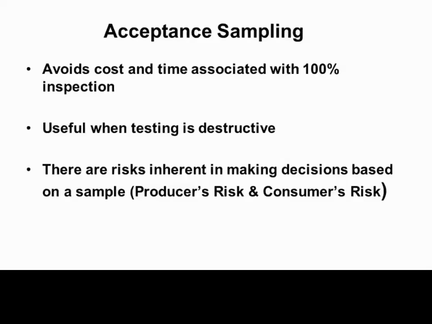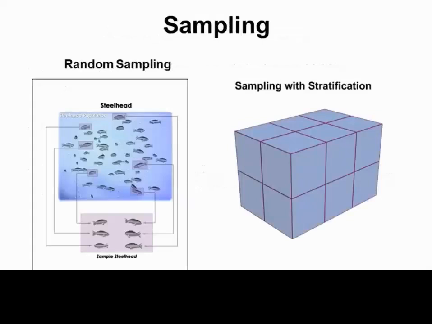A lot of times that's just not feasible, and it's especially not possible if the testing is destructive. Now, as I've mentioned a few times, whenever we make a decision based on the sample, and we're trying to make a decision not about the sample but about the population or lot that it comes from, there's a risk that we make a mistake, and we call these producers' risk and consumers' risk, and I'll be defining these in more detail shortly.